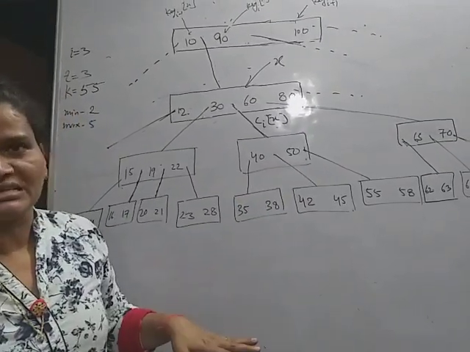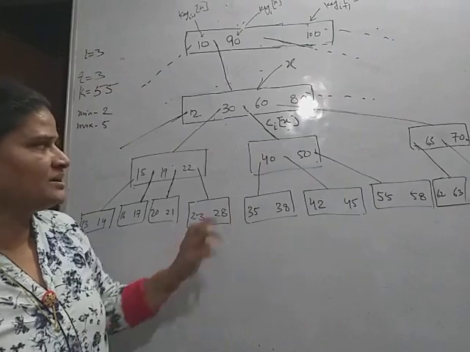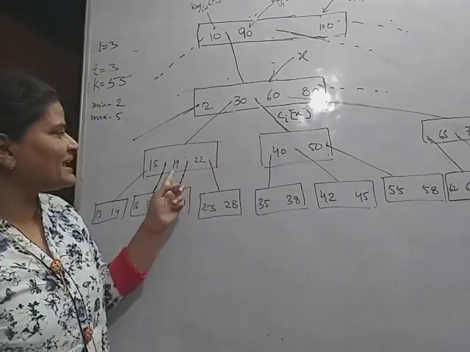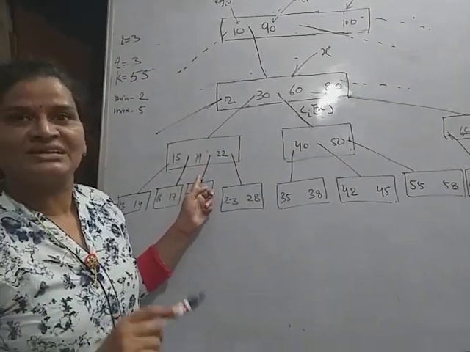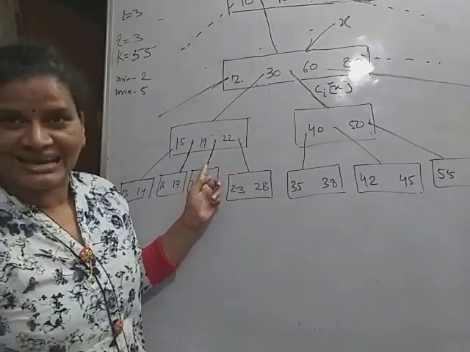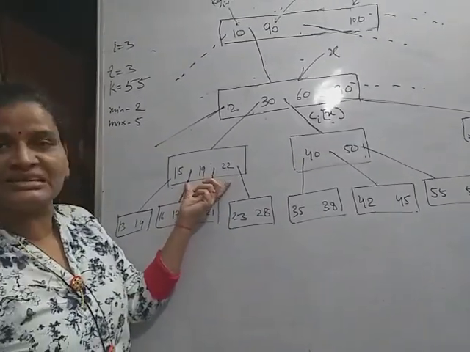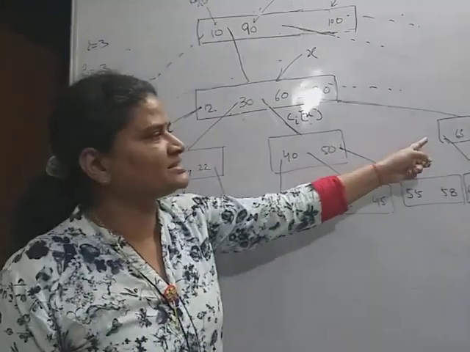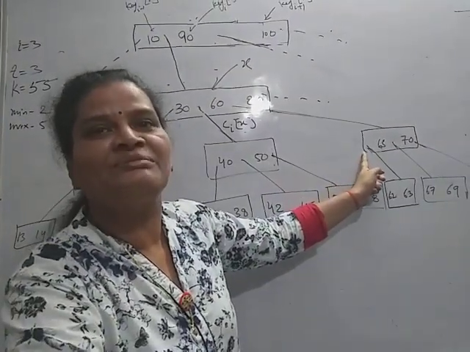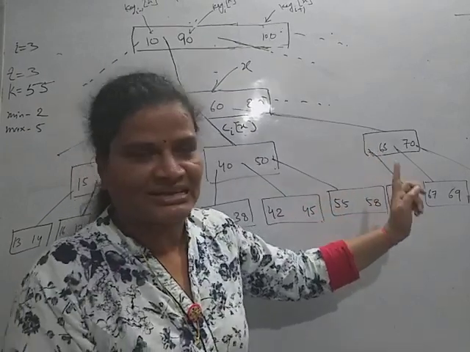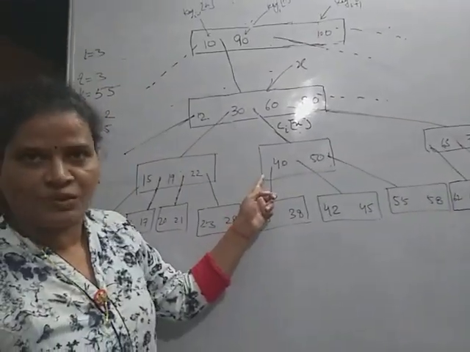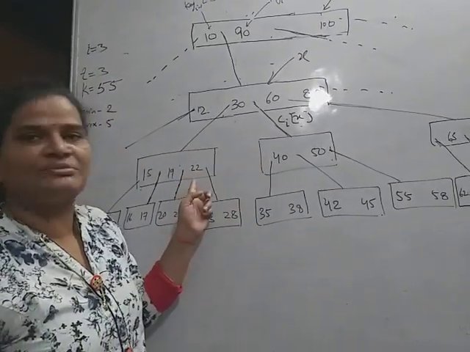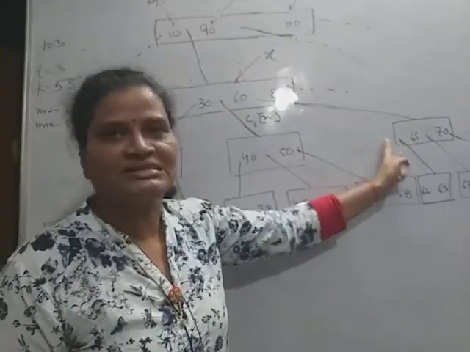Either case can be executed. First it checks the immediate left sibling, if it exists. If we consider this node, then its left sibling doesn't exist. If we consider this node, then its immediate right sibling doesn't exist. But if we consider this node, then its immediate left sibling is this and the right sibling is this one.